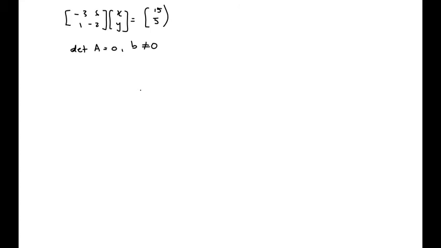Let's do some more examples of this. Let's have a look at [-3, 6; 1, -2] equals [15, 5]. The determinant of A is 0 and b doesn't equal 0, so the inverse of A doesn't exist.